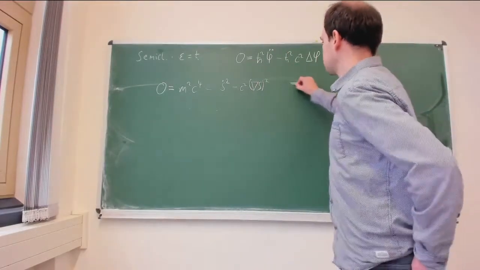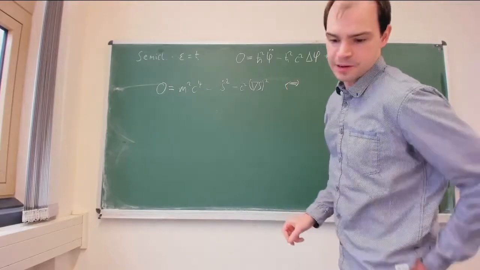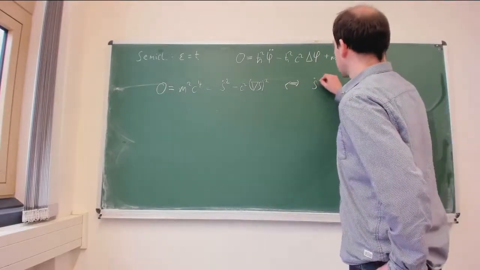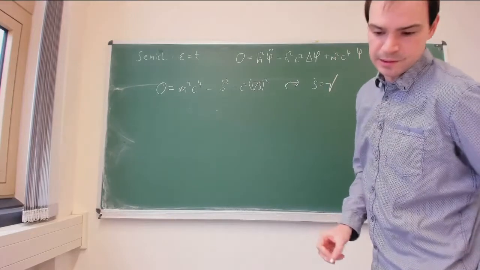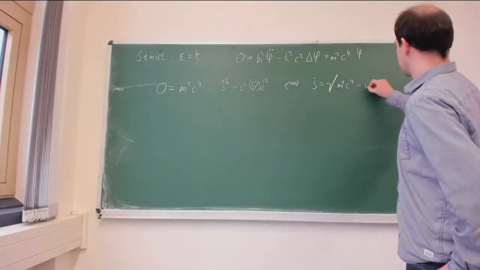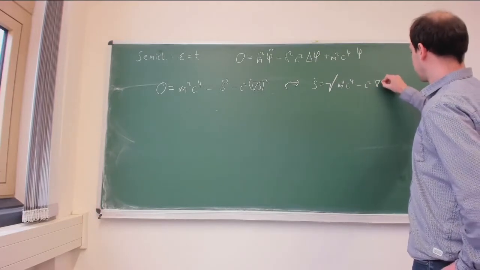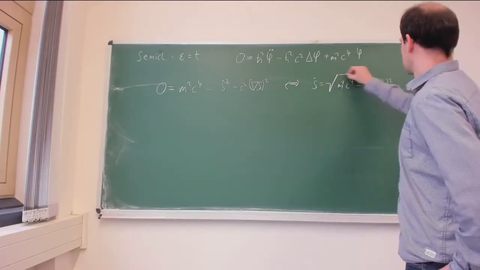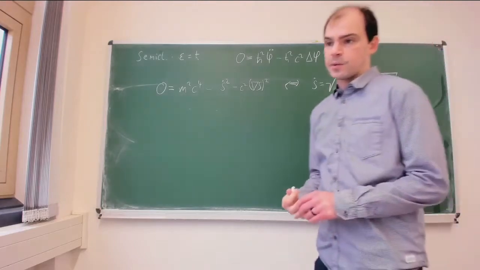Or we can solve this for S dot and find that S dot is the square root of m squared c fourth minus c squared gradient of S squared.